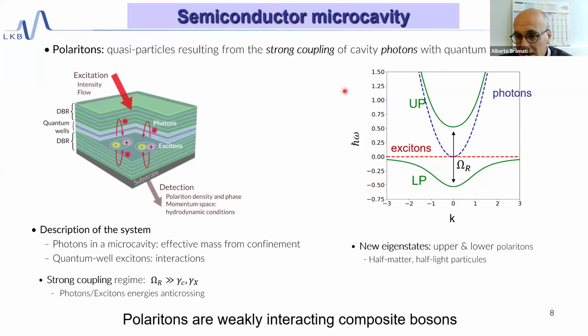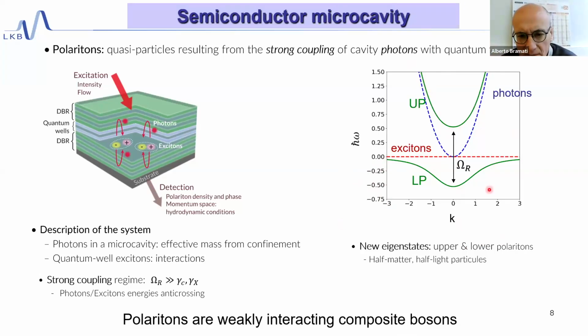And then, due to the coupling, we can see in green the appearance of two new dispersion curves, the so-called upper polariton branch and lower polariton branch, that are well separated in energy by the vacuum Rabi splitting.